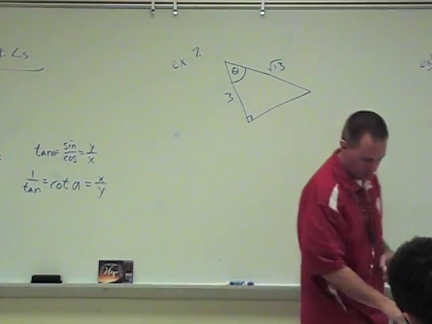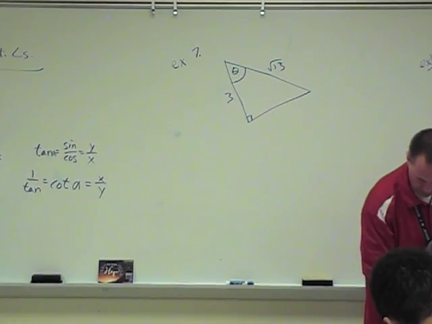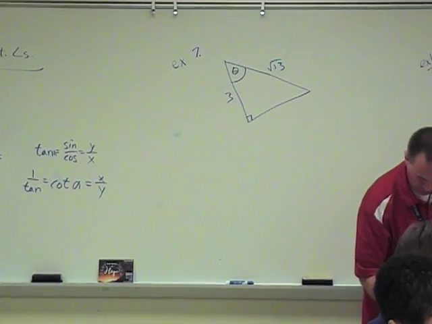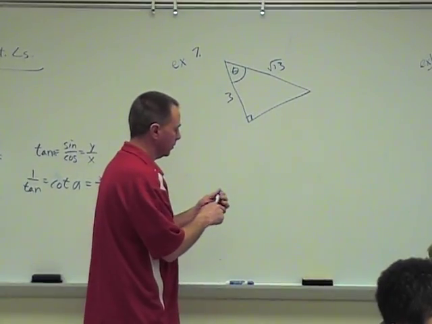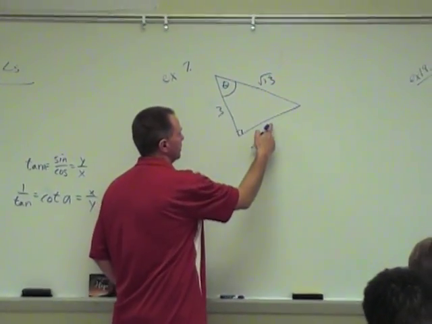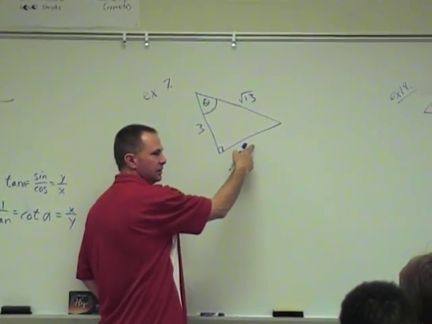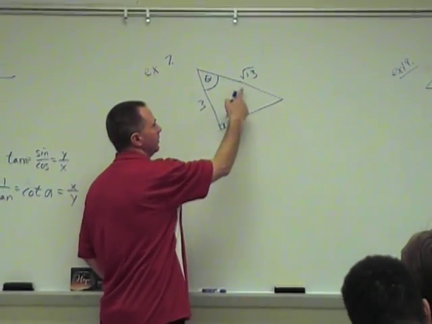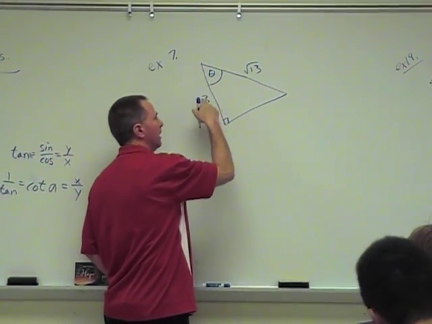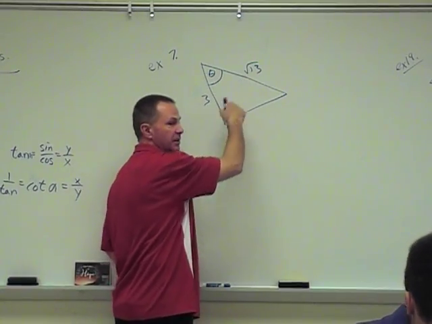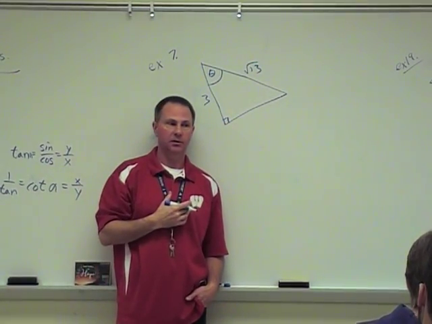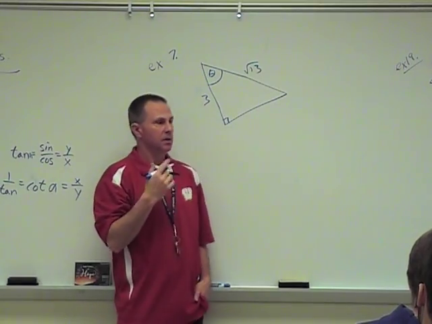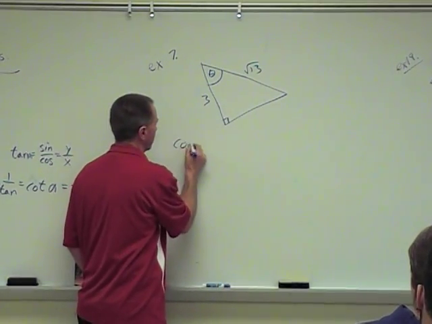Let me make sure we have all 6 functions here, all 6 trigonometric functions. So that means we got to know this value here. All right, we have this corner, and we have an adjacent leg and the hypotenuse. So which function deals with the adjacent and the hypotenuse? Okay, that's right. So we can find the cosine real quick.